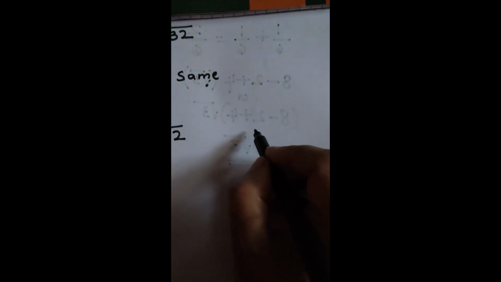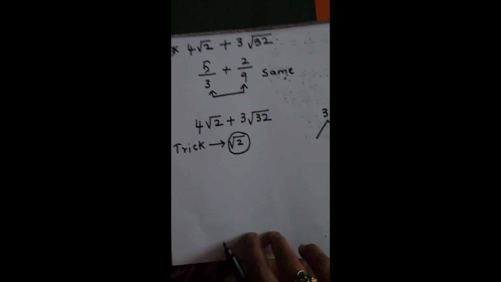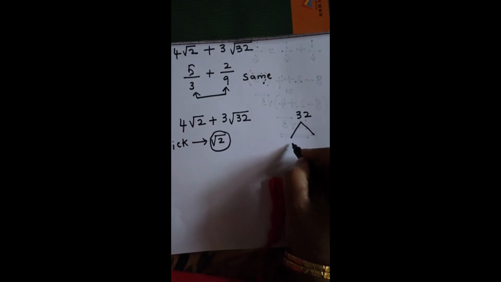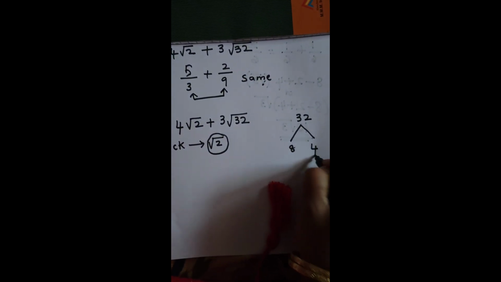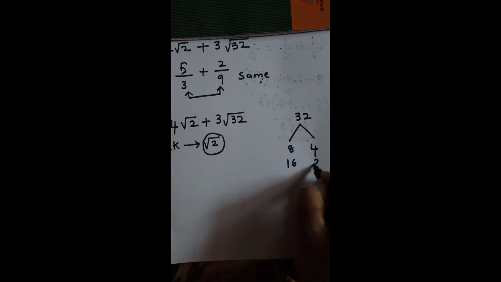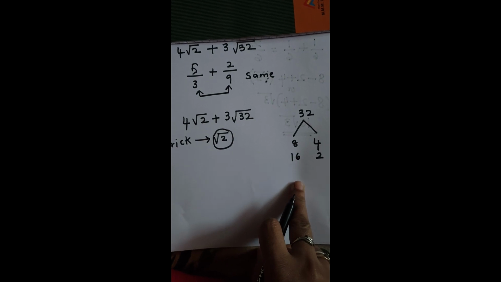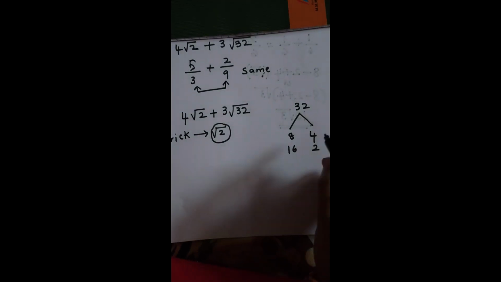So how can we get 2? Now see 32. 8 4s are 32, or 16 2s are 32. Yeah, you got 2.